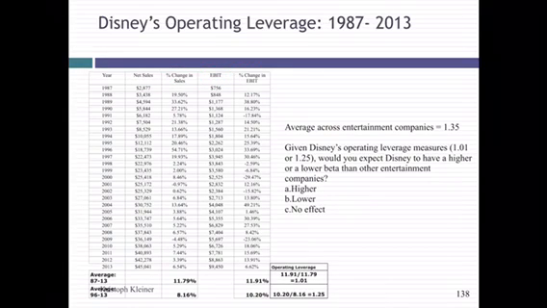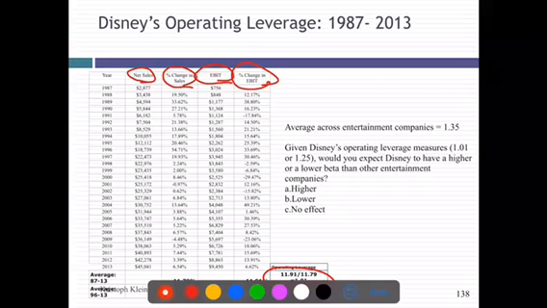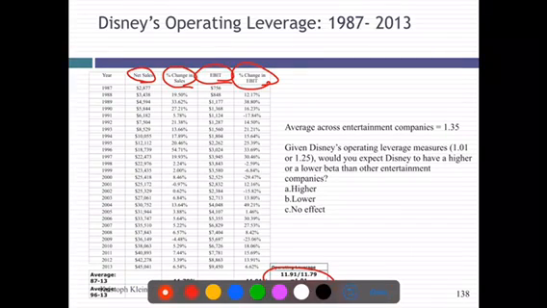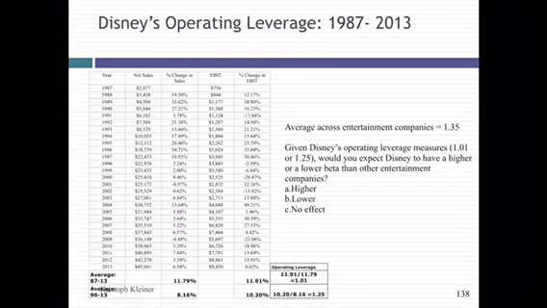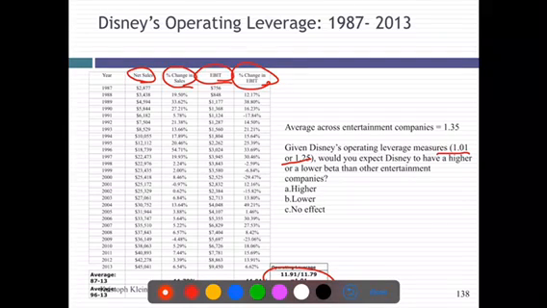Now, based on this information, what do we see? We find that the operating leverage during the entire period was 1.0, 1, or 1.25, from the more recent period of 1996 to 2013. So, in general, I find Disney's operating leverage is either 1.25 or 1.01.